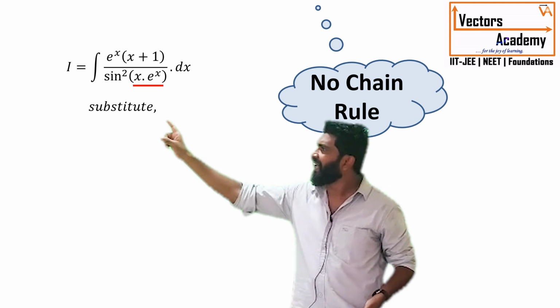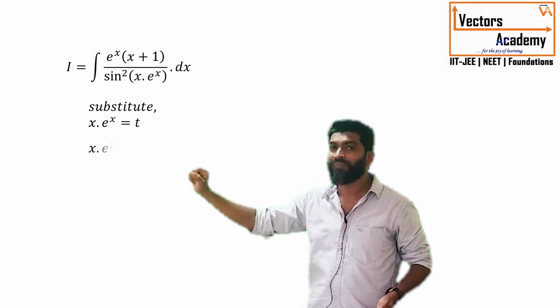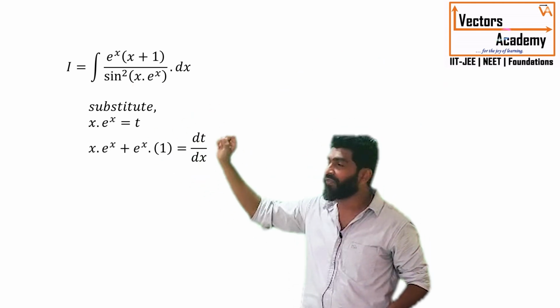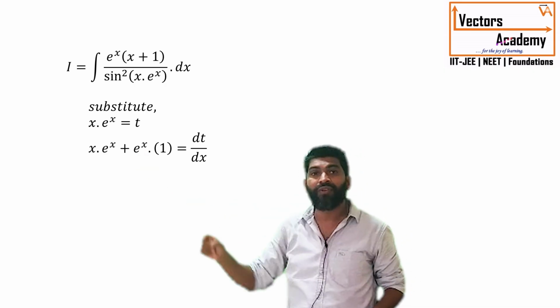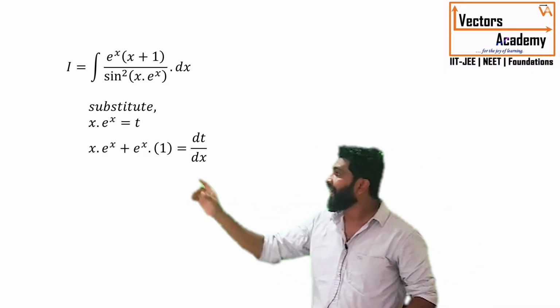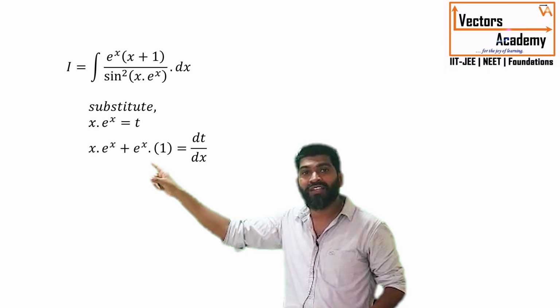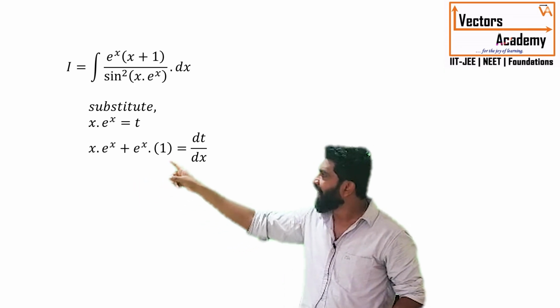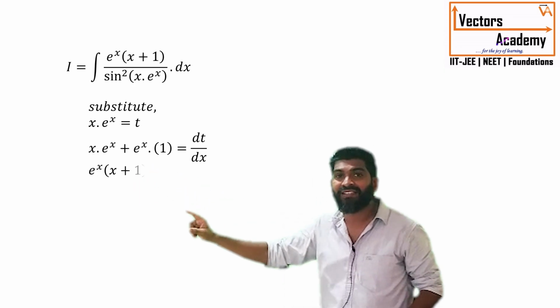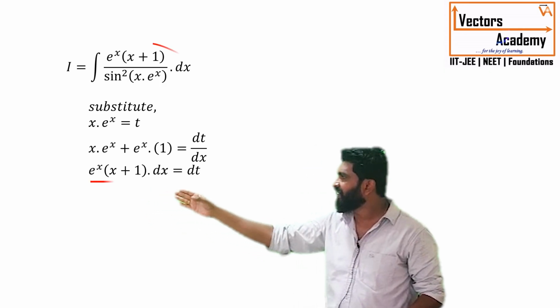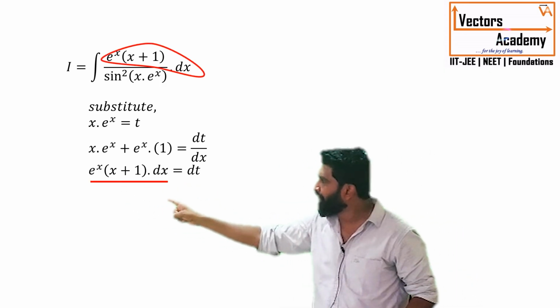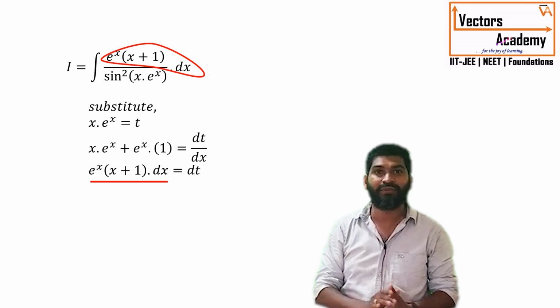So substituting x into e raised to x as t and differentiating to get the value of dx. Here we have two terms, so we have to apply the UV rule here. So x into derivative of e raised to x is e raised to x, and e raised to x into derivative of x is 1. So we'll get this value, and we know this complete term is present in the question.